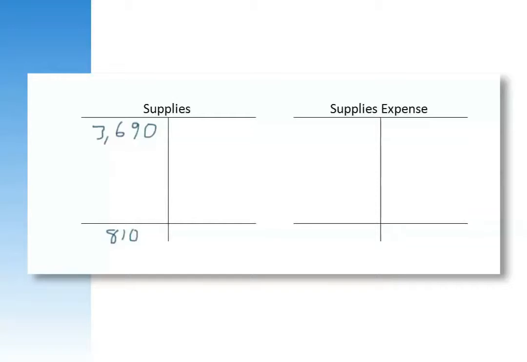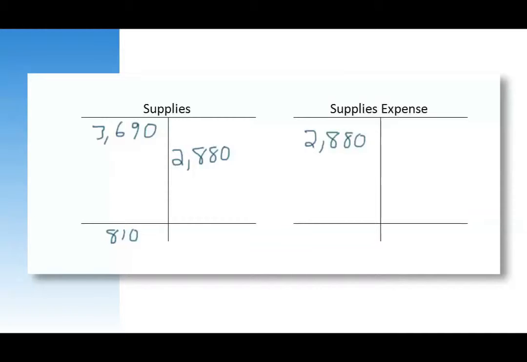So to get from a beginning balance of $3,690 to an ending balance of $810, we would need an adjustment of $2,880. So we would credit supplies for $2,880, and we would debit supplies expense for $2,880. So now let's go back and record that adjustment.